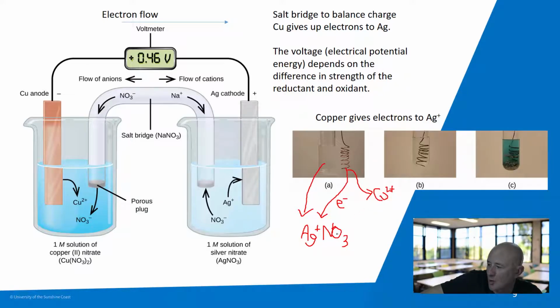Well, it's actually copper nitrate there, and copper nitrate solution is blue. And of course, you get this precipitated silver, which is a little bit hard to see there, but you can clearly see the copper nitrate that's being produced as that blue solution.